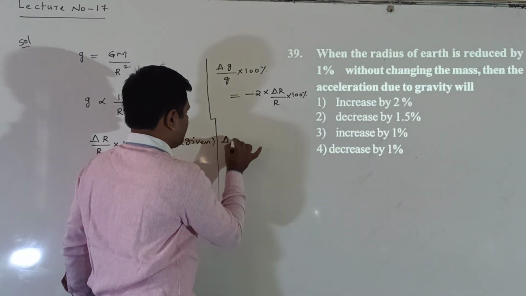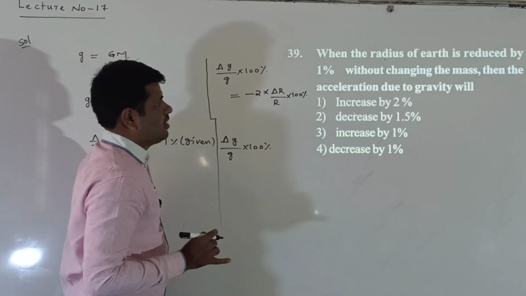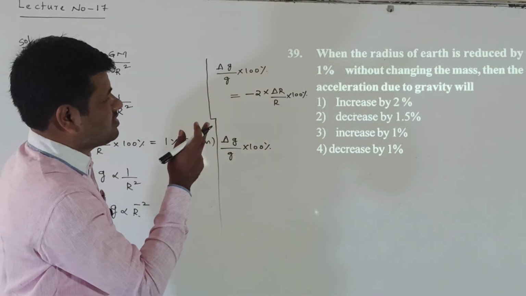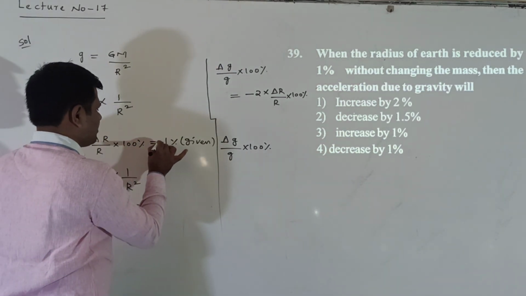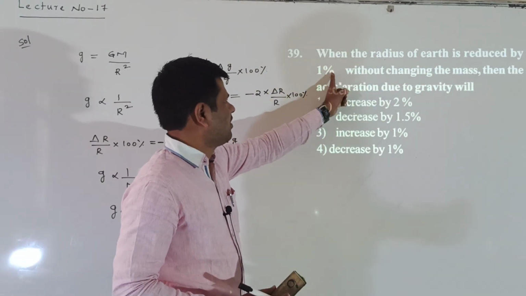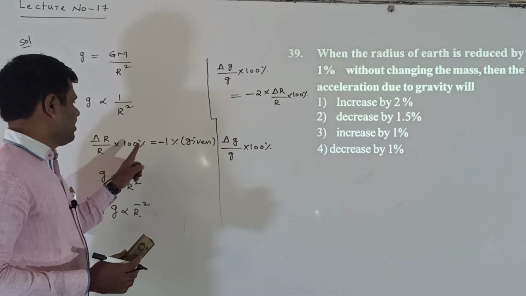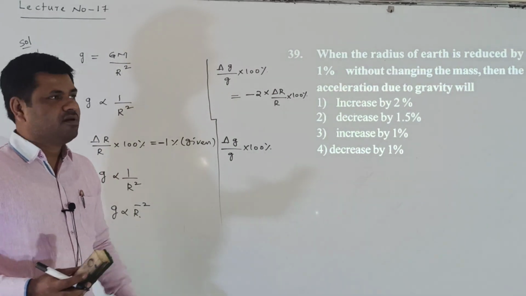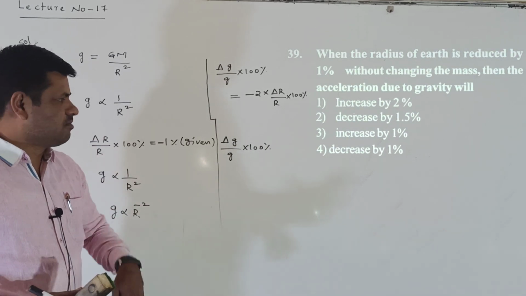So here delta g by g into 100% is equal to, listen, the radius of earth is reduced by 1%. Reduced means we take it as minus. Why taking minus? Because it is reduced by 1%. So delta r by r into 100% is equal to minus 1%. Increases means plus, reduced means minus.